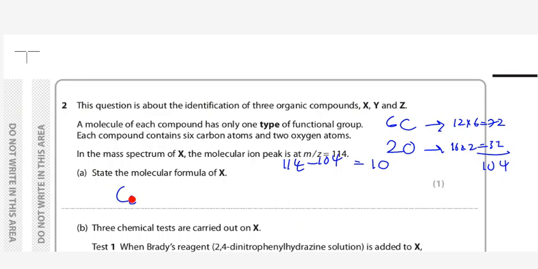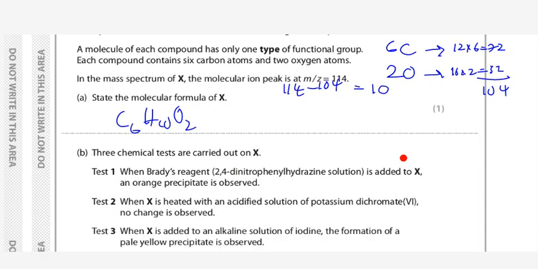So it's C6H10O2, because carbon and oxygen are known, 6 carbons and 2 oxygens, that will be 104. The remaining has to be hydrogen, right? A common element found in many organic compounds.